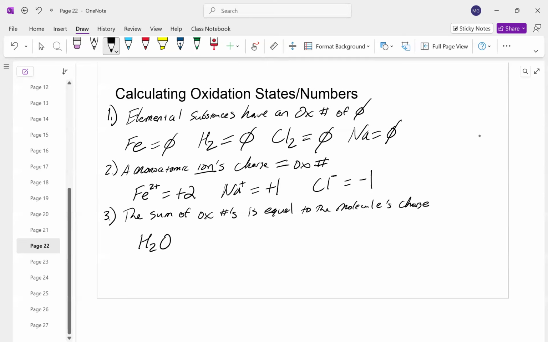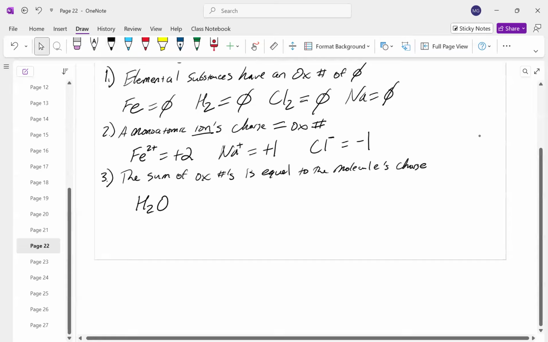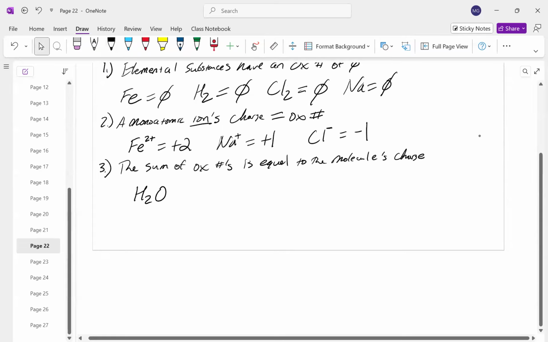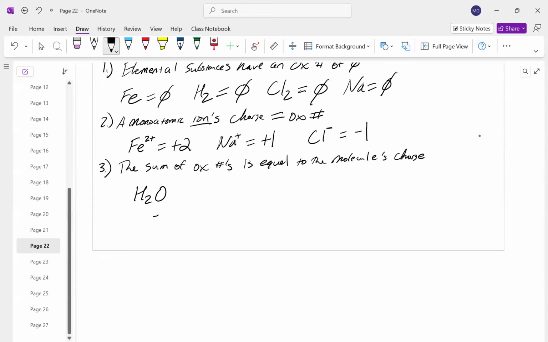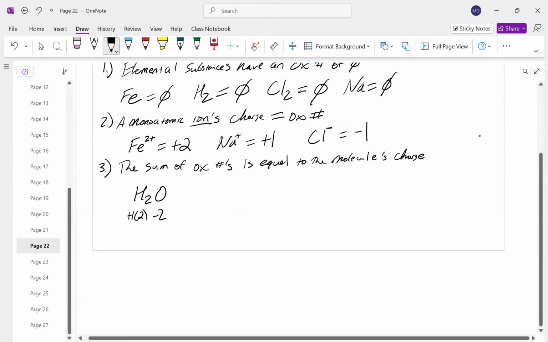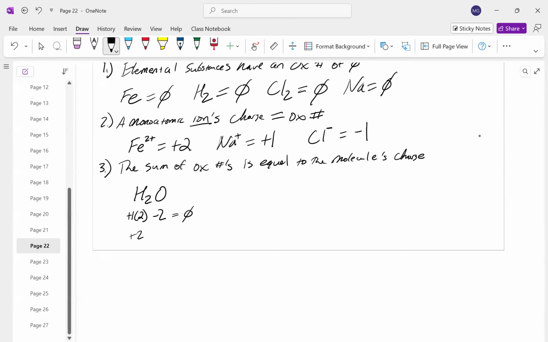And so when I add up all the oxidation numbers, they need to add up to 0. Now I'll go through how I know this in a little bit, but for example, oxygen is -2, its oxidation number, and hydrogen here is +1. And since there are two of them, that's an overall oxidation number of +2 for the both. And that adds up to 0.